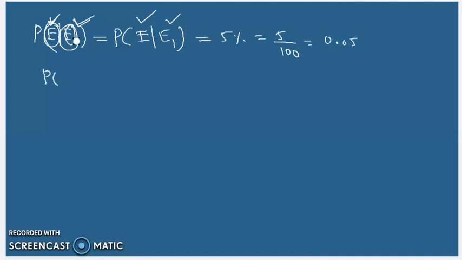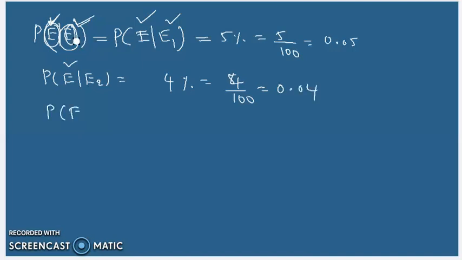Like that, P of E by E2. What is the meaning of P of E by E2? It is the probability of defective bolts produced by machine B given 4%. That is also equals to 4 by 100, is 0.04.